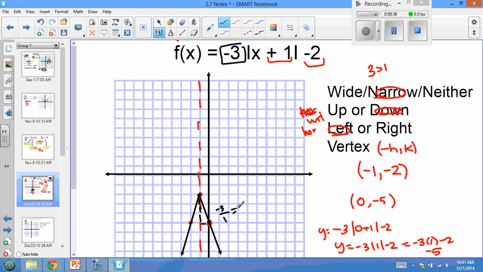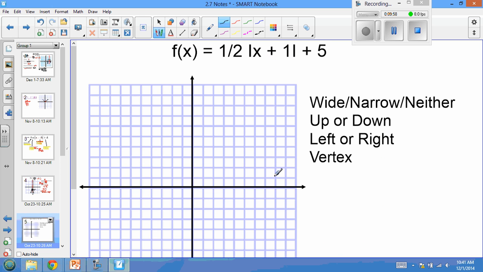Negative 3 over 1 reduces to negative 3. So this value in front is like a slope. So if you have your vertex, you do not need to evaluate a point anymore. You can just apply your term out front and make it your slope. So negative 3, you need to go down 3 and right 1 and then reflect it. So we're going to use that to help us on the next one.